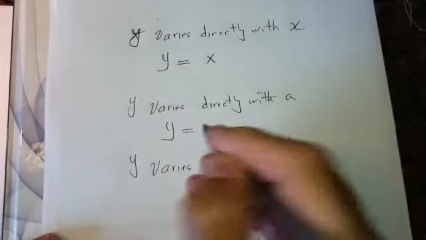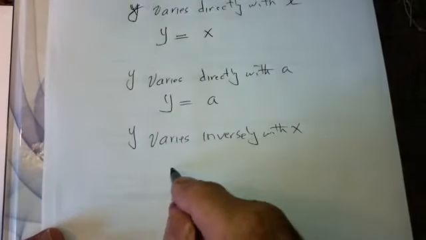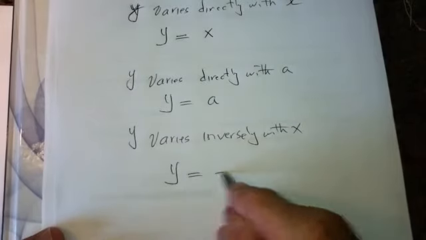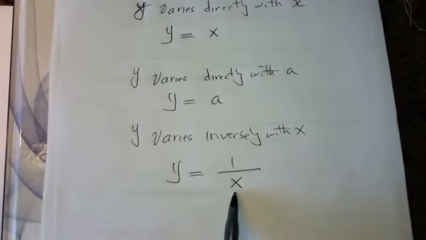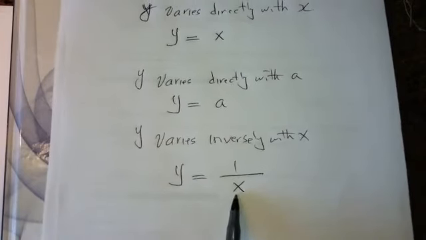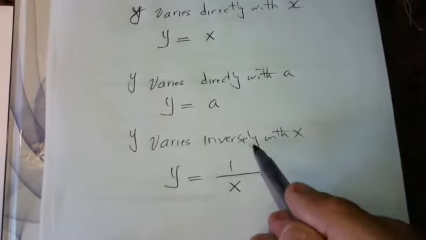Y varies directly with A, but here Y varies inversely with X, means it's like that. When you say inversely, it means whatever X is, you could reverse it and that would give you the value of Y. So we are using this term.